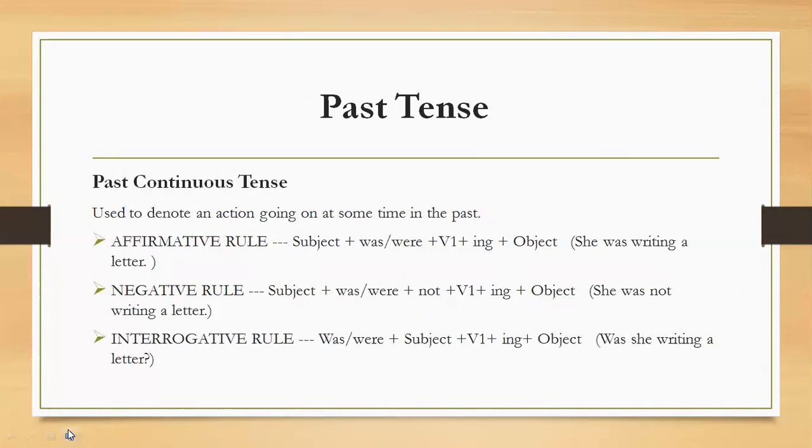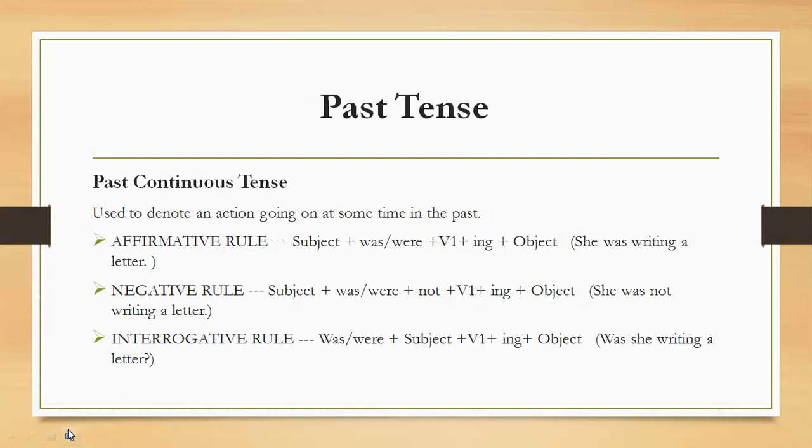Now, past continuous tense. Past continuous tense indicates an action going on at some time in the past or an action in the past that is longer in duration than another action in the past. For example, it was getting darker. The light went out while they were reading.